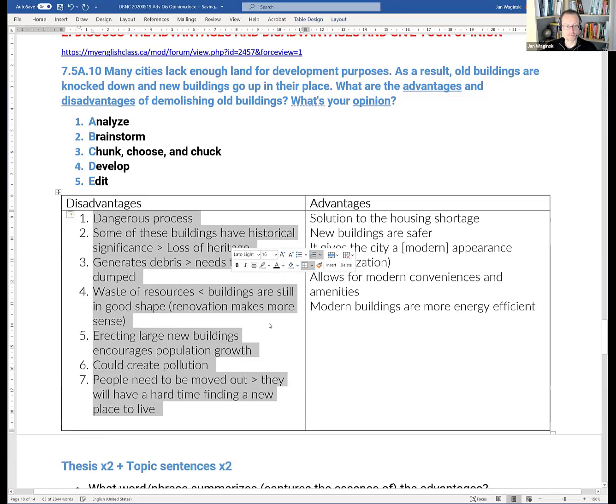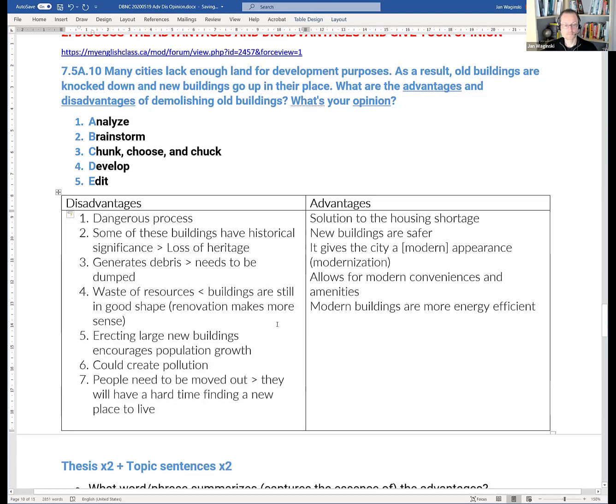Just number them. Number 1 and number 7 and number 6 together. Danger, process and creativity.